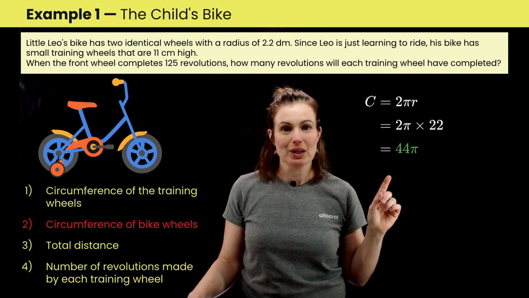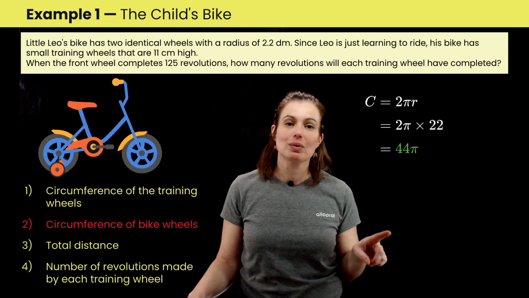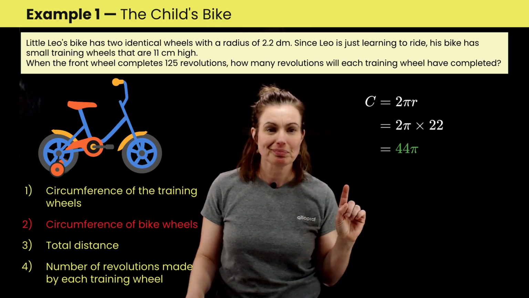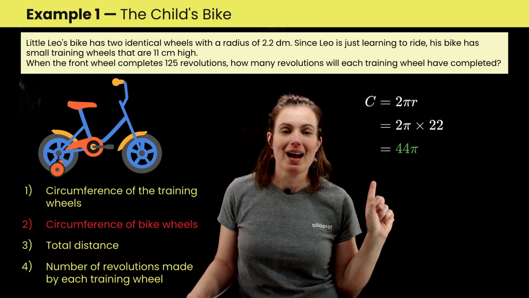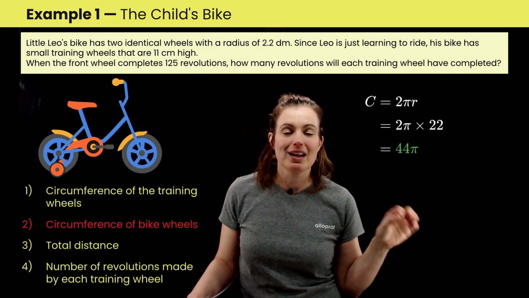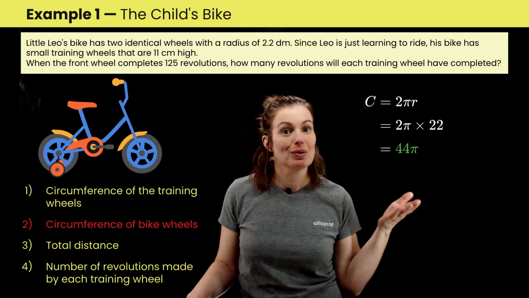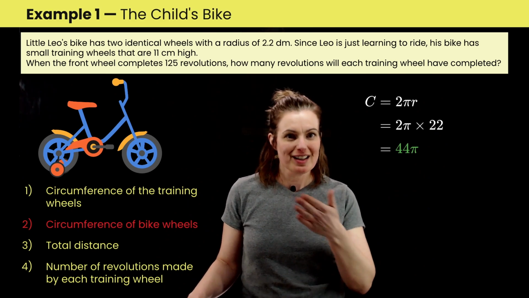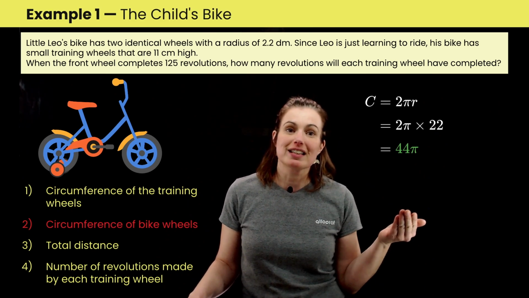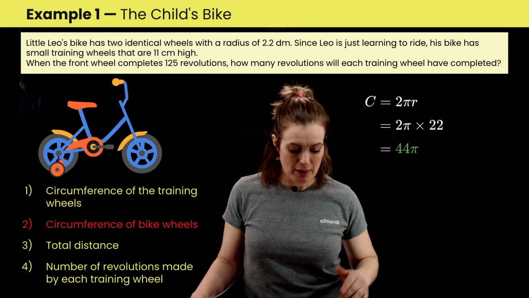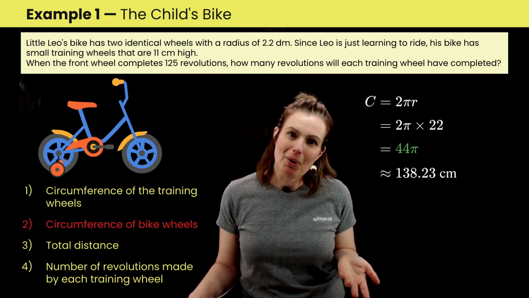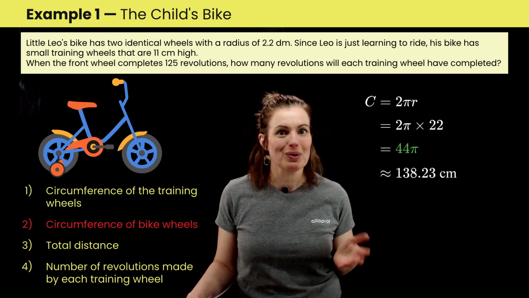That is where I get my 22: 2.2 decimeters is equivalent to 22 centimeters. Going forward, I take 2, multiply it by pi, and then multiply it by 22. If I want to leave this in terms of pi, that leaves me with 44 pi. If I want to go a little further, I can take my 44 and multiply it by the decimal value of pi to give me approximately 138.23 centimeters.